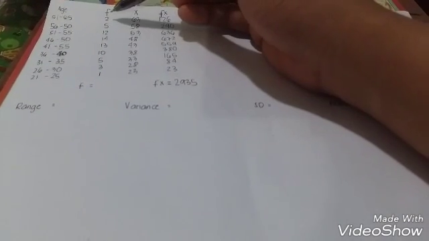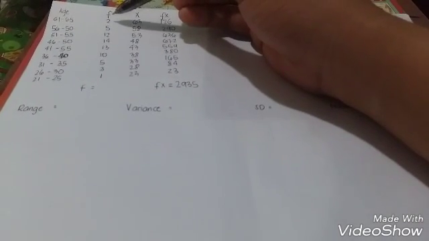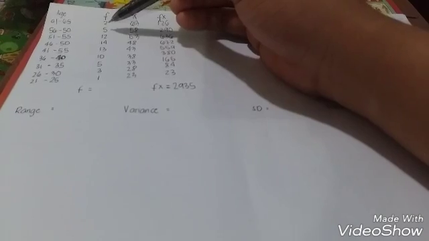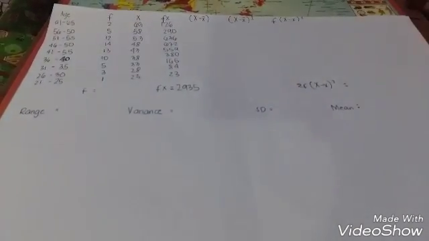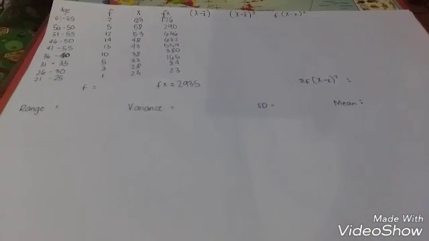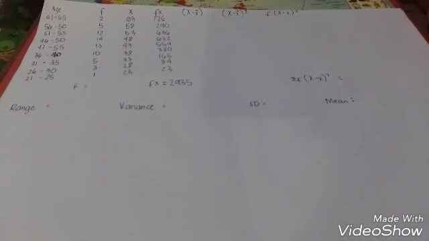Then in the frequency column, 2 plus 5 plus 12 plus 14 plus 13 plus 10 plus 5 plus 3 and plus 1 is equal to 65.